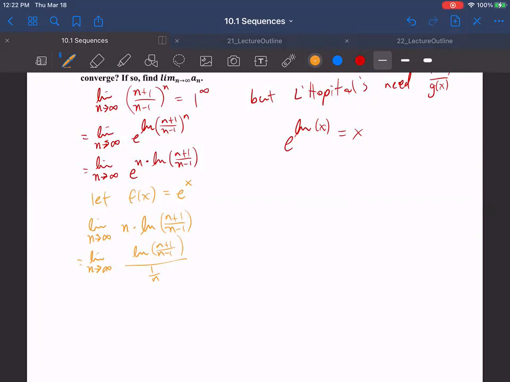So we go up here for this numerator part. We can do the derivative. So the derivative of natural log of n plus 1 over n minus 1. What's that derivative going to be?